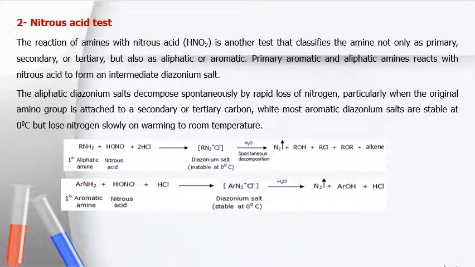The second test is called the nitrous acid test. Amines react with nitrous acid, HNO2, in order to give us a diazonium salt. Based on this reaction, RNH2, which is the aliphatic amine, with nitrous acid in the presence of hydrochloric acid, as you can see here in this equation, would give us diazonium salt, as it's represented right here, RN2+ Cl-.